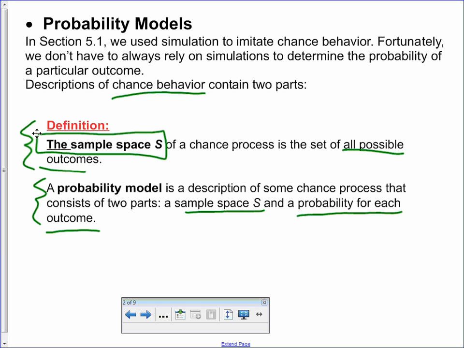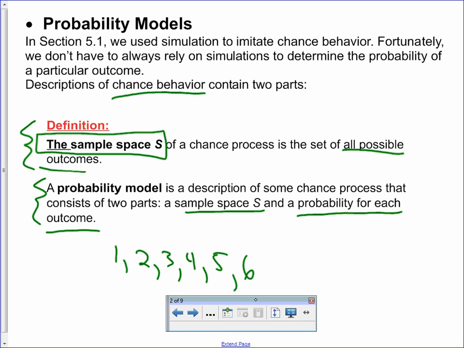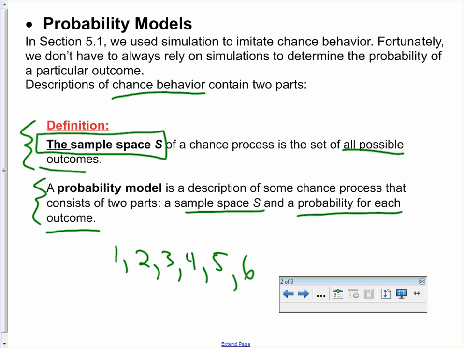So for example, when we roll a die, the possible outcomes are 1, 2, 3, 4, 5, and 6. And the probability of each outcome is 1/6. And now we have a probability model for rolling a die.